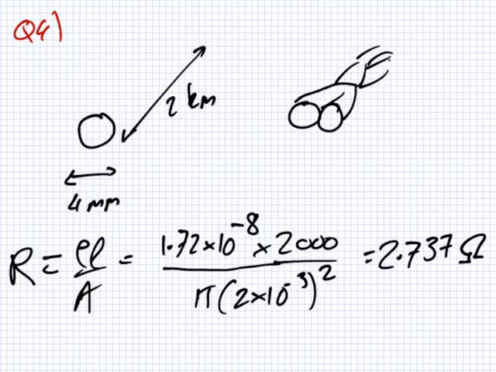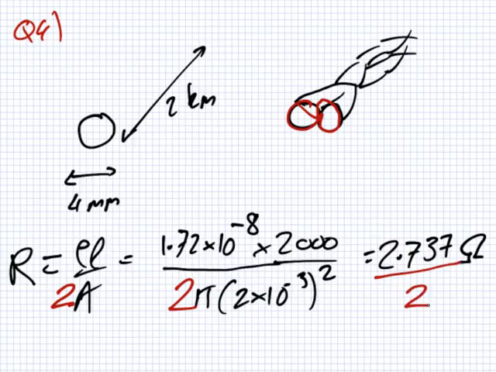If there's 2 of them, the only difference is there's a 2 here, because you have this type of shape. So that just means there's a 2 there. In fact, the telephone company would have only half the resistance, 1.369 ohms. So this is for part B, and this one here is for part A.